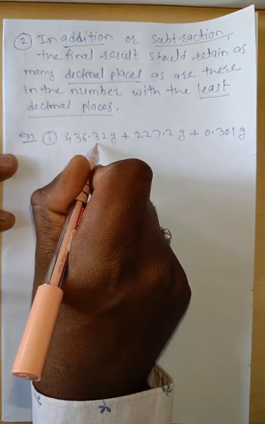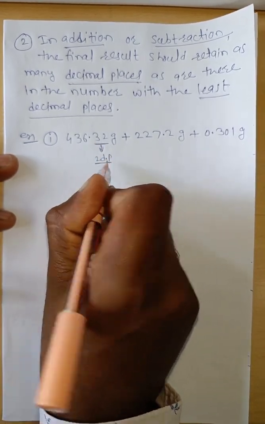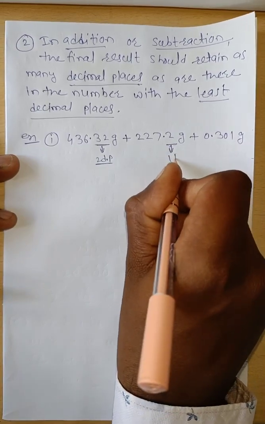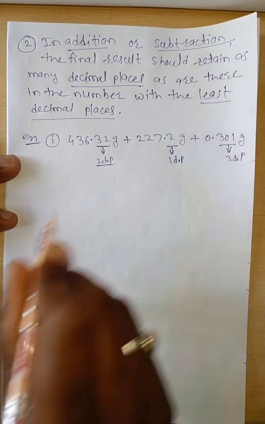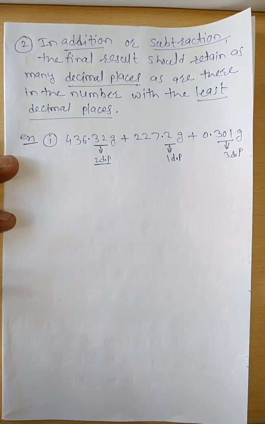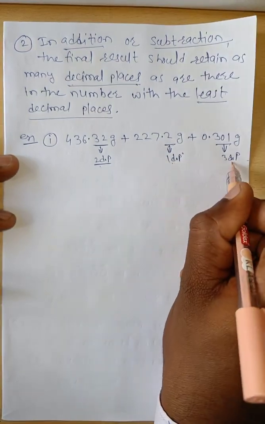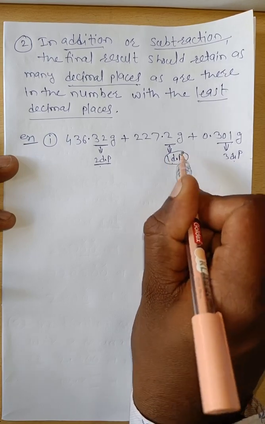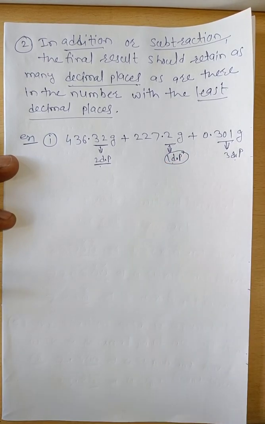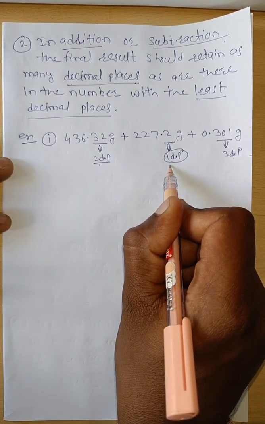Now see here, the first quantity has two decimal places, the second quantity has one decimal place, the third quantity has three decimal places. Then the answer should have the least decimal places, which is one decimal place. This means after the decimal only one decimal place will be present.